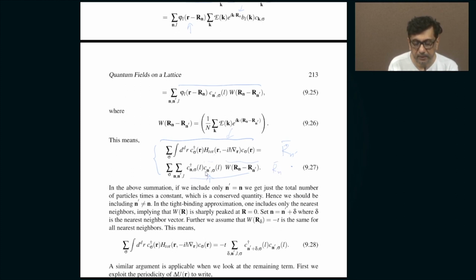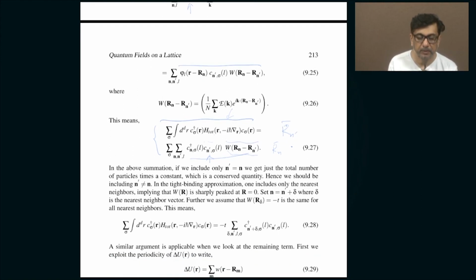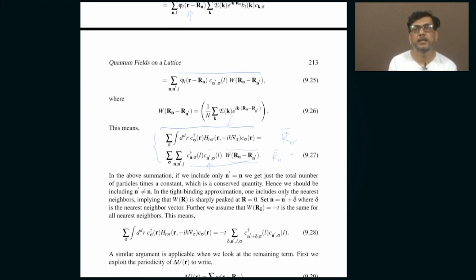It says that it amounts to doing that, and there is an energy cost or gain, depending on the sign, associated with doing that, and we have taken that energy to be W of Rn minus Rn dash, because clearly it depends on the distance between the two atoms. So, you can see already here that it has this interpretation of hopping.